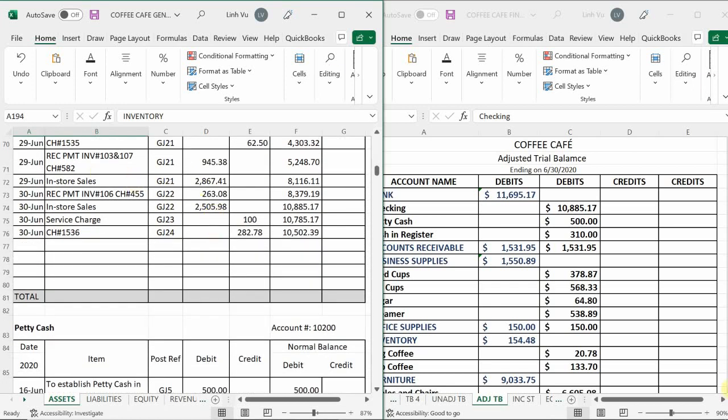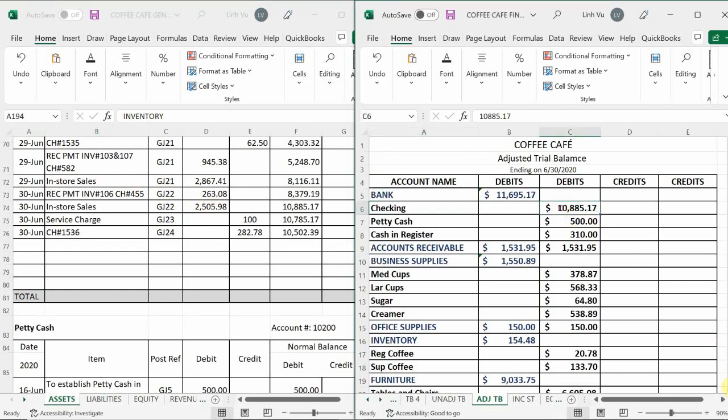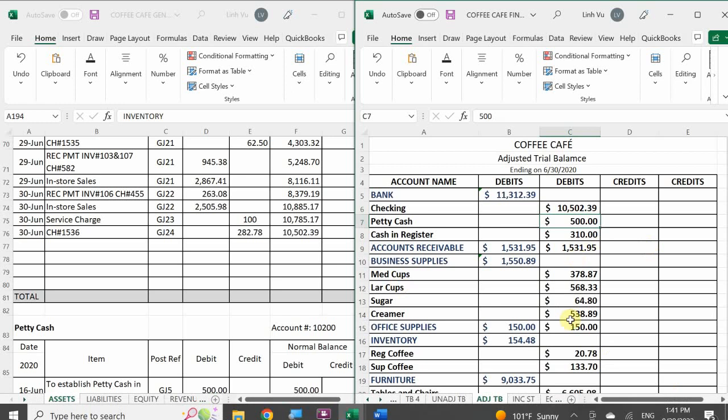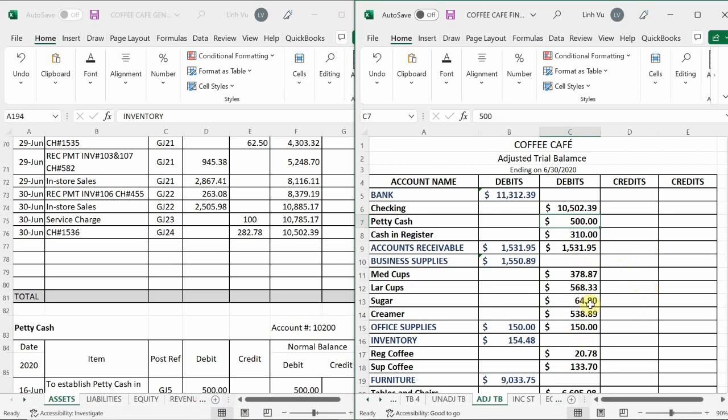Okay, so in this case, I have 10,502.39. Okay, so that adjusted my formula. So remember, by making a copy of this spreadsheet, every formula should still be intact. Okay? If not, just rewrite the formula and enter it again, so it actually updates what you're doing.